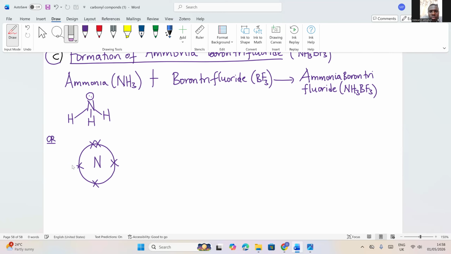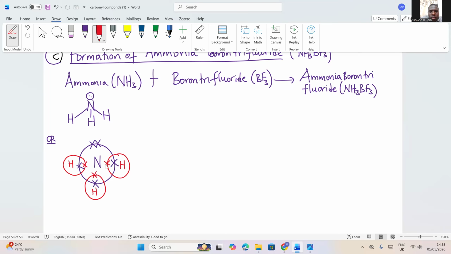Maybe I change the color so that you have a clear version of it. So this is H, this is H, this is H. Look at that structure which you have in your book. We saw that H contributes and N contributes, isn't it? So here we have H contributing like that. That's what we made at school.